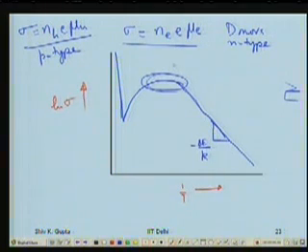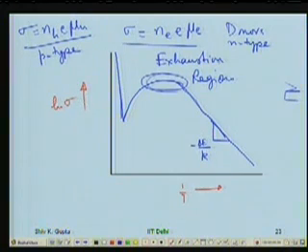That's called the exhaustion region. I have exhausted all impurities. Now, if it's an N-type, I have all electrons in the conduction band, and they start behaving like free electrons in a conductor, and the conductivity decreases with increasing temperature. It's a metallic behavior.